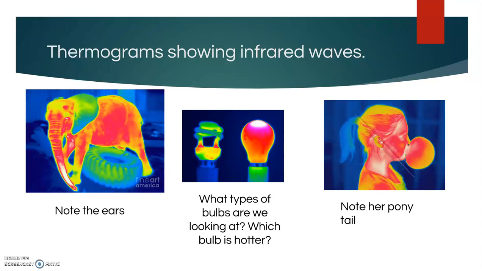And so you can tell that fluorescent bulbs do not give off as much infrared radiation. Lastly, if you look at the girl's ponytail, it is blue, showing that she is not giving off a lot of electromagnetic radiation in that part of her body, for the same reason that the elephant is also.